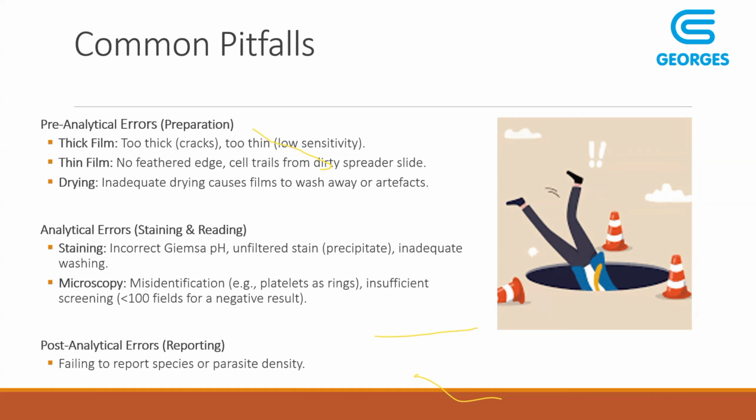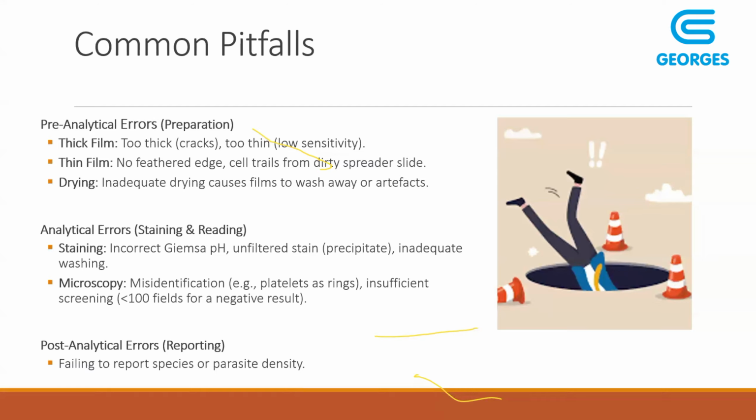And the artifacts can also be misidentified as positive for malaria. And then for a thin film, ensure no feathered edge. Don't use a dirty spreader because a dirty spreader will create the feathered edges. And then ensure adequate drying of your smears.